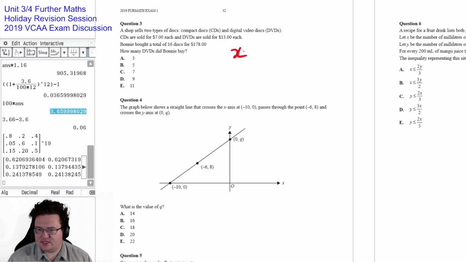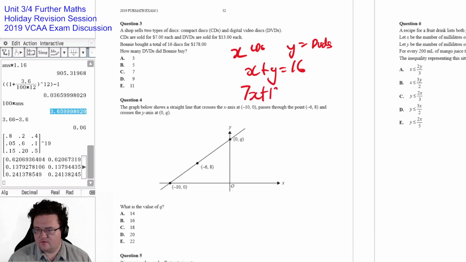X is CDs, Y are DVDs. X plus Y equals 16. And 7X plus 13Y is equal to 178.